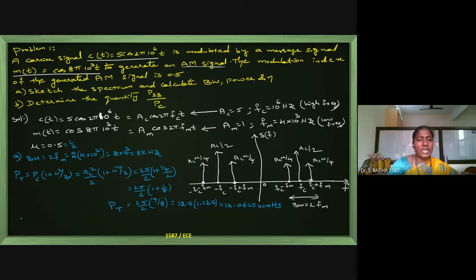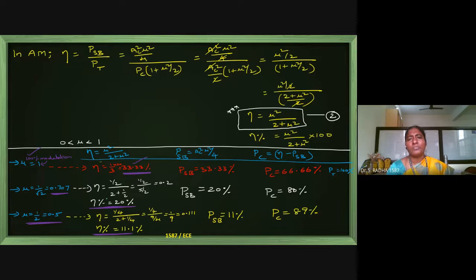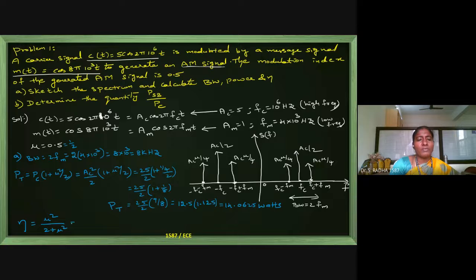Next, efficiency calculation. We know the formula: μ²/(2 + μ²). You can see equation 2 here. Now substitute the μ value given as 0.5, or 1/2. I will take 1/2 for simplification.